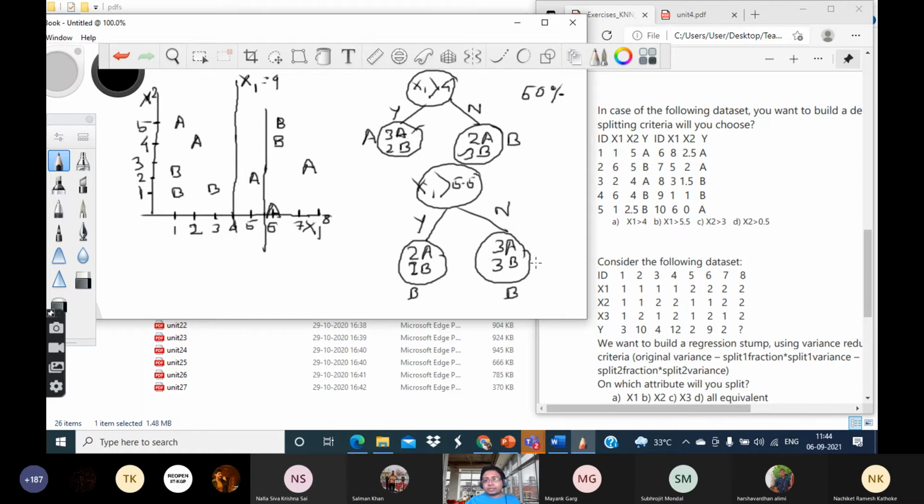What is my accuracy? 50%. If instead of choosing B and B here, I had chosen A and A here, what would my accuracy have been? Same, 50%. If I had chosen A here and B here, then my accuracy? Same, also 50%.